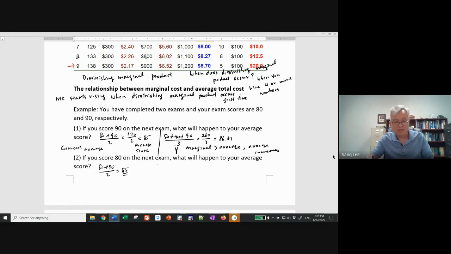Then 80 plus 90 plus 80 is 250 for 3 exams. 250 divided by 3 is 83.33. So when you score only 80 on exam 3, your average goes down.